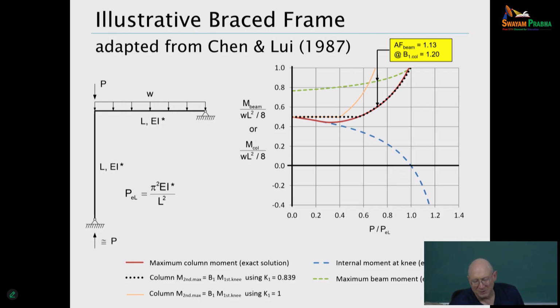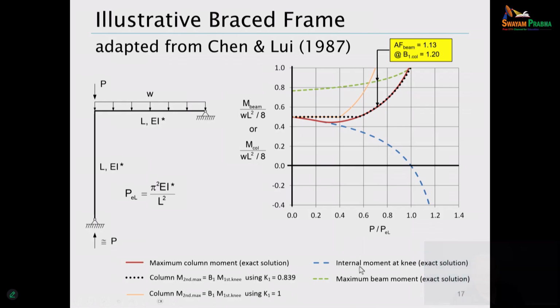So that would give us the orangish looking curve where we'd get the same effects until we get out to about 0.4 for P over PL, and then B1 would become larger than 1, but it's very conservative because we used k equals 1 in the amplifier. So if you definitely had a case like that, you could get a much better estimate by calculating a k factor and using that in the amplifier.